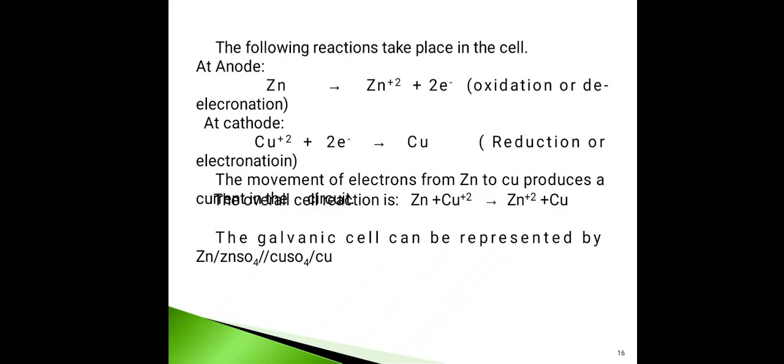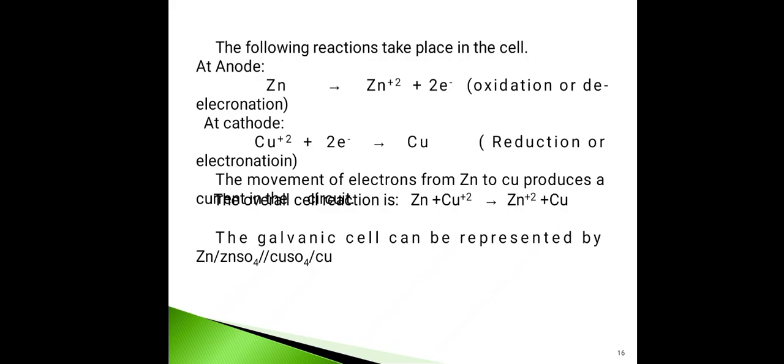And you see the representation of the galvanic cell. The representation of the galvanic cell is Zn/ZnSO4//CuSO4/Cu. What does this represent? A single slash or semicolon or comma represents phase boundary, whereas a double slash represents salt bridge.